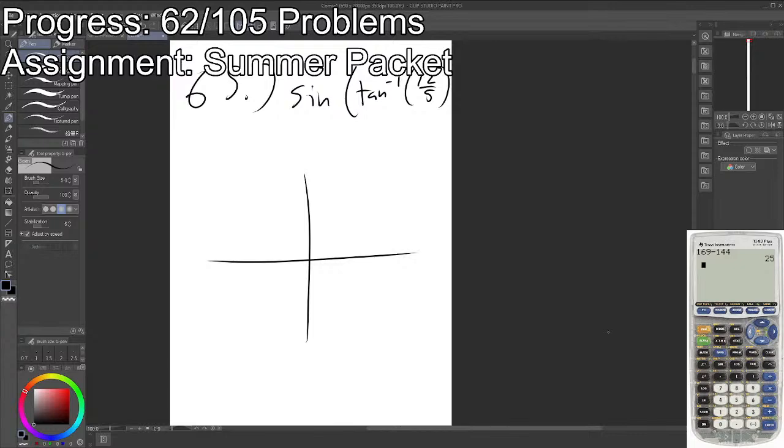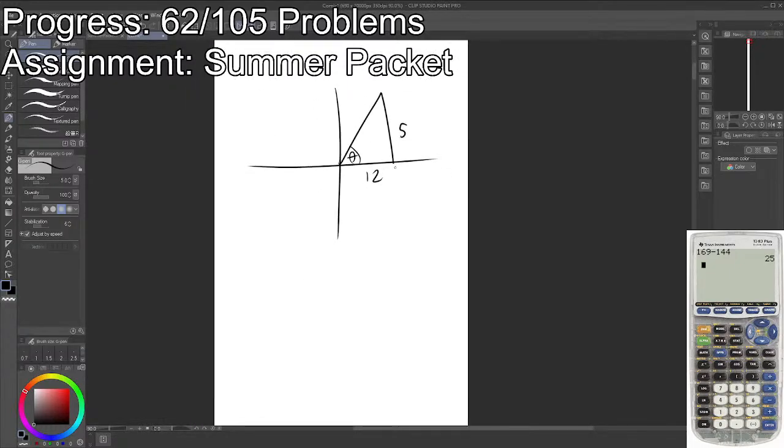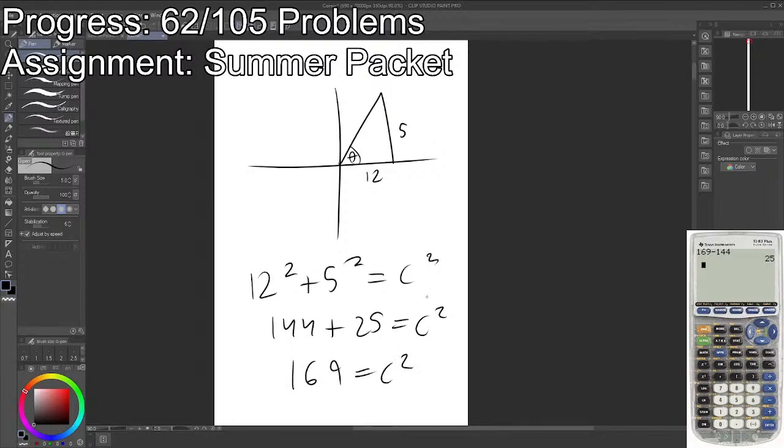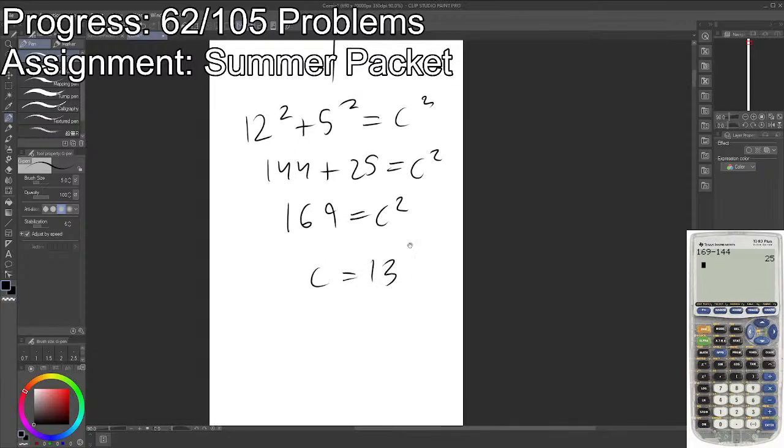No, it's quadrant 1. 12 squared plus 5 squared equals c squared. 144 plus 25 equals c squared. 169 equals c squared. C equals 13.